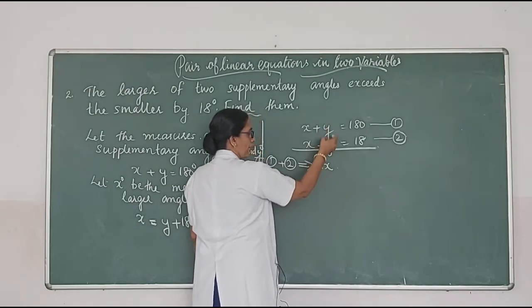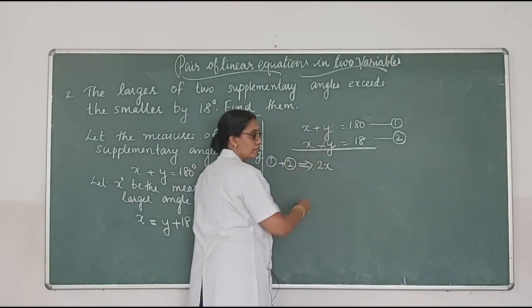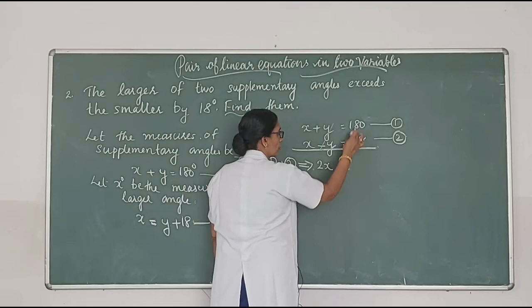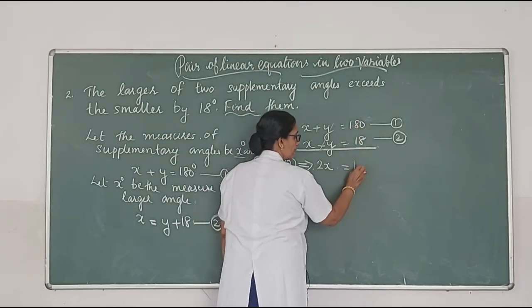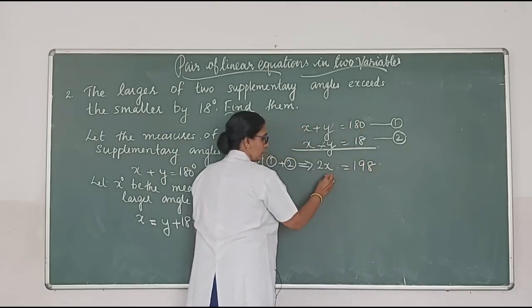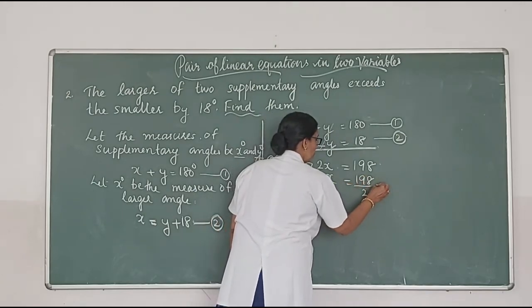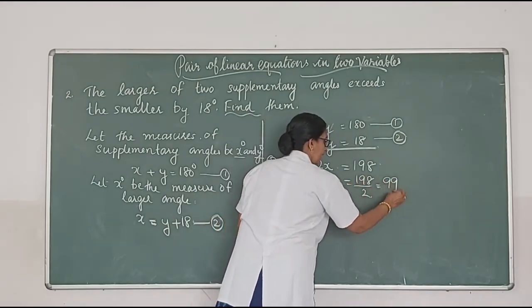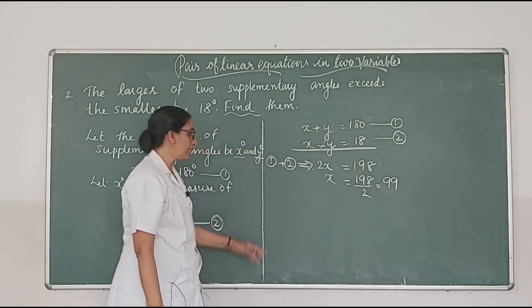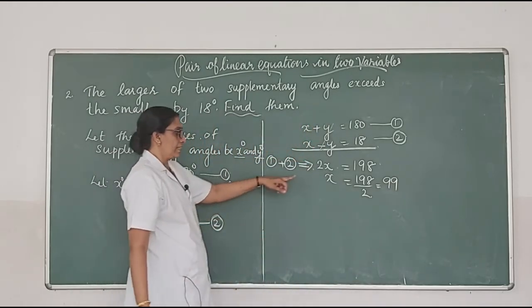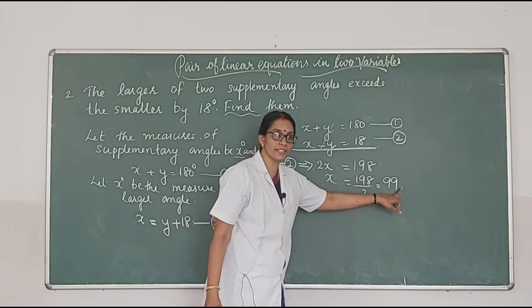Plus y minus y is cancelled, equal to 180 plus 18, 198. So, x equals 198 by 2, it is 99. So, we got the measurement of the larger angle as 99.